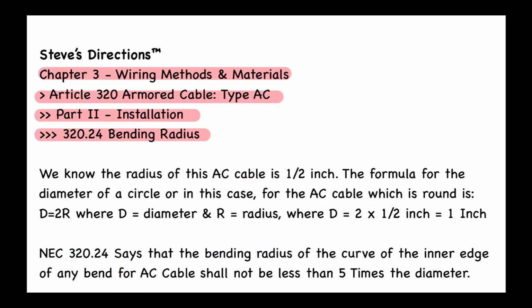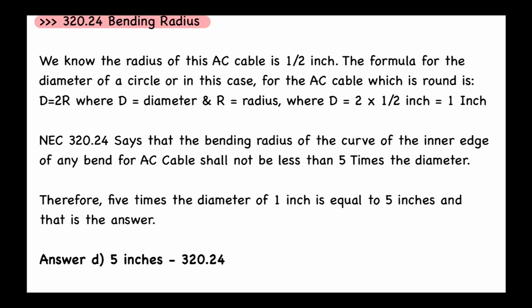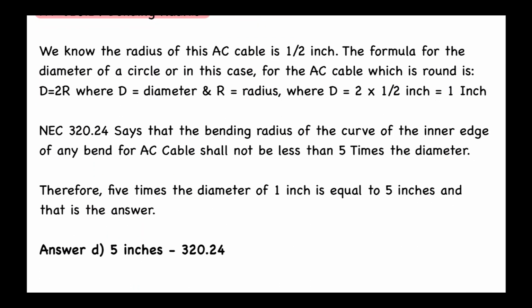All right, so let's go take a look in our textbook and see what we have to say about that. We know the radius of the AC cable is ½ inch. The formula for the diameter of a circle, or in this case the AC cable, which is round, is D equals 2R, where D is the diameter and R is the radius.